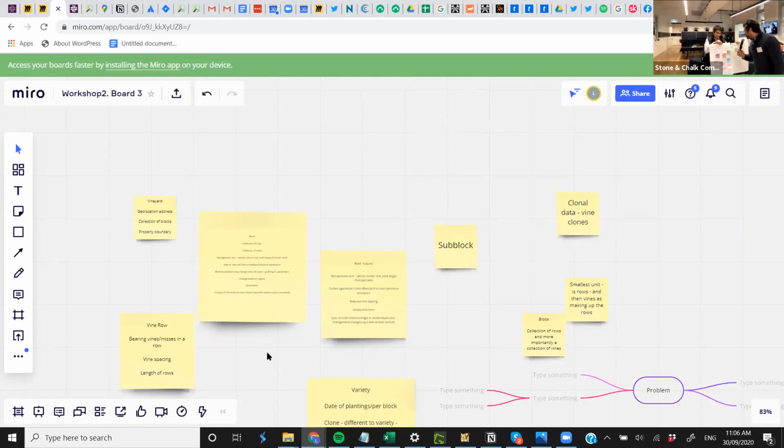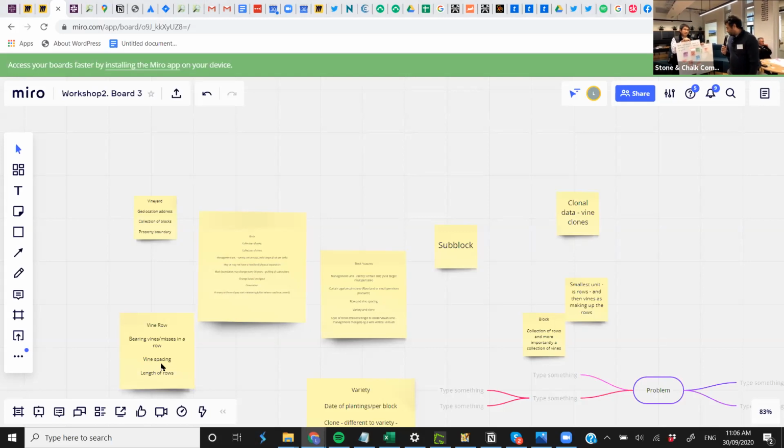What information about a vineyard block is important? The year it was planted, variety, clone, rootstock, row spacing, vine spacing, valve flow rate, how many irrigation zones you have, type of trellis, row height, height of intermediate post.